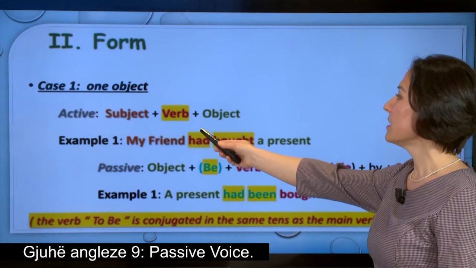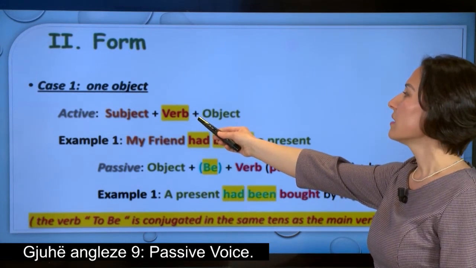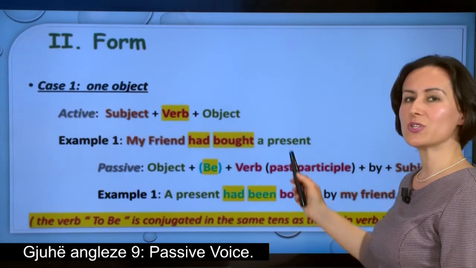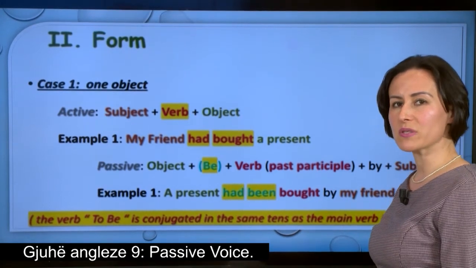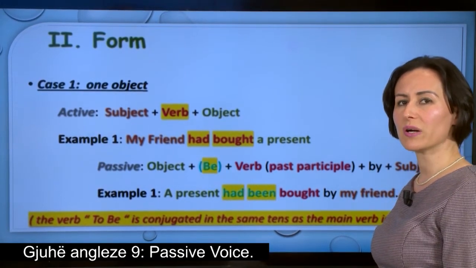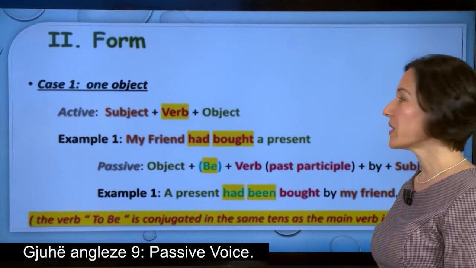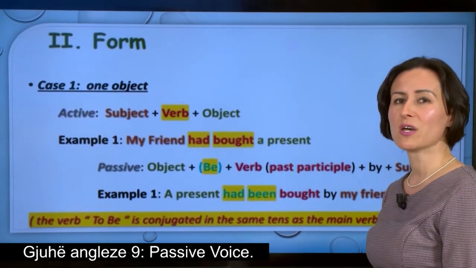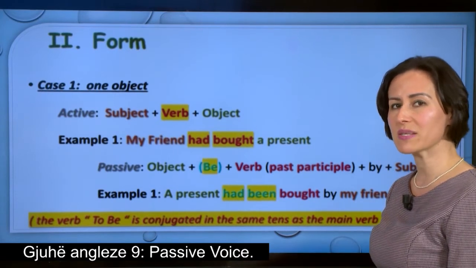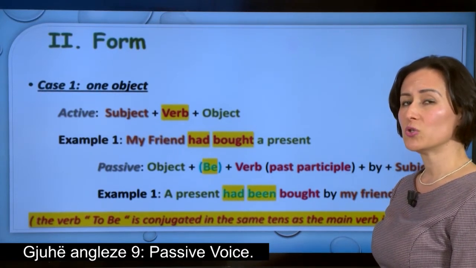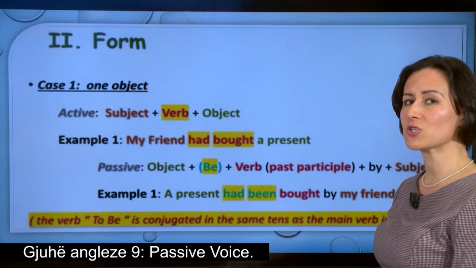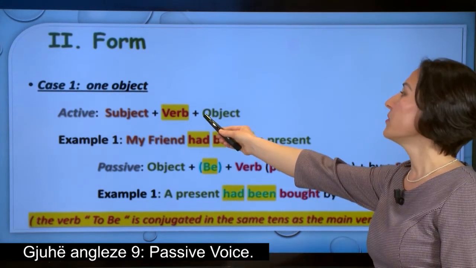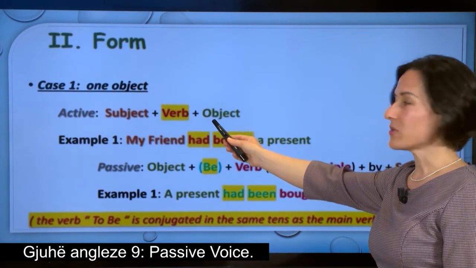The subject in the active voice becomes the agent in the passive voice, which means the doer of the action, whereas the object in the active voice becomes the new subject in the passive voice. You should always pay attention to the main verb in the active voice.